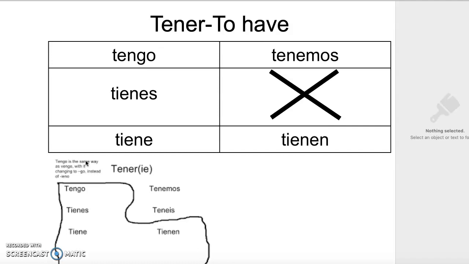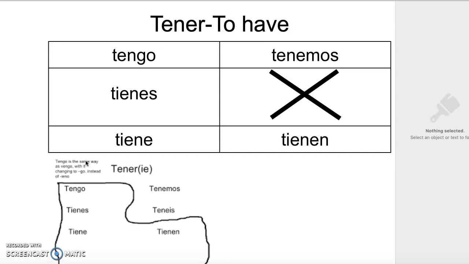Okay, I have, you have, she has, he has, we have, they have, you all have, it has. So we use that verb all the time in English. Have is one of the most commonly used verbs in both of these languages. So this one's important to know. So first things first, I write in my notebooks, tener means to have.